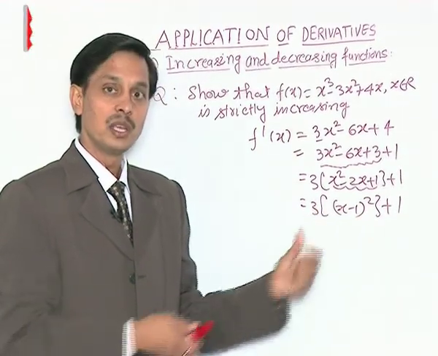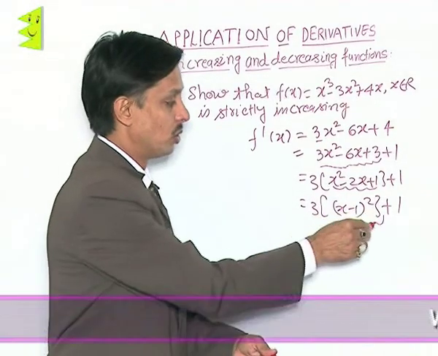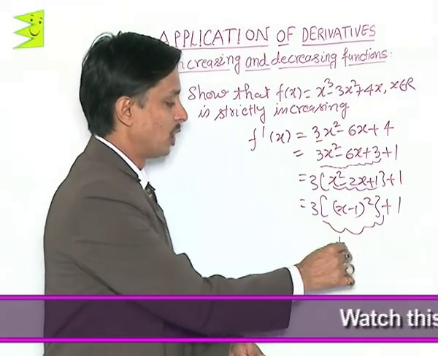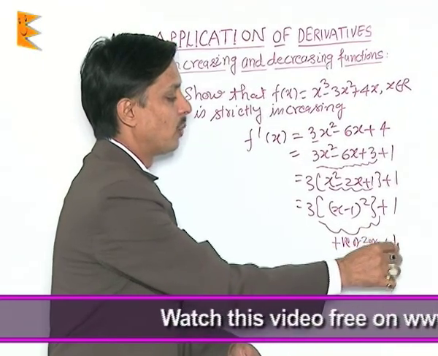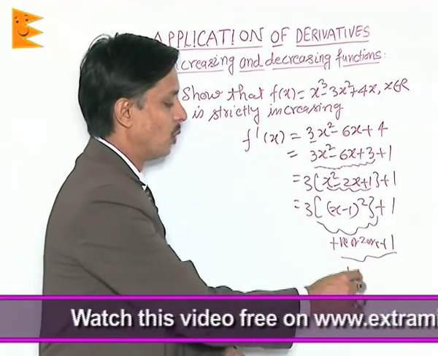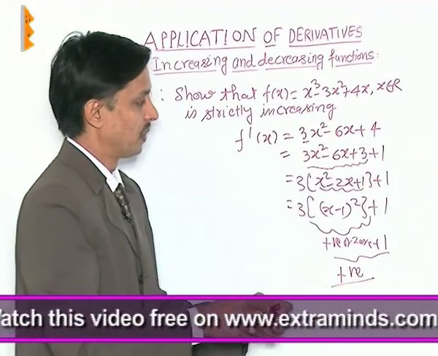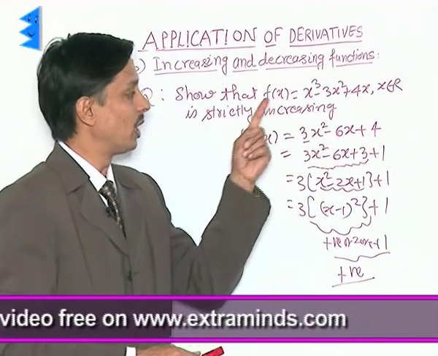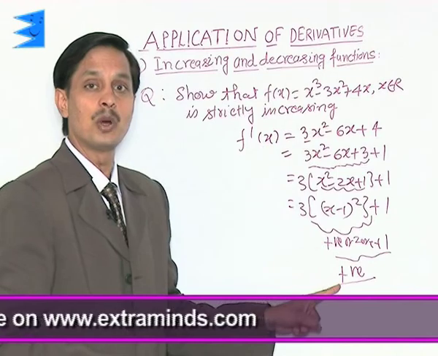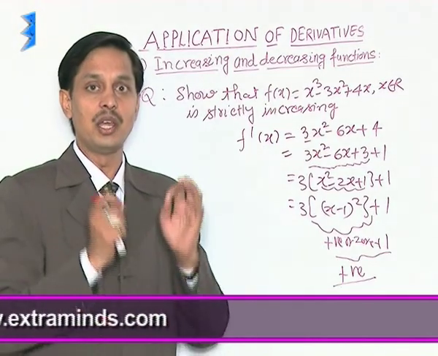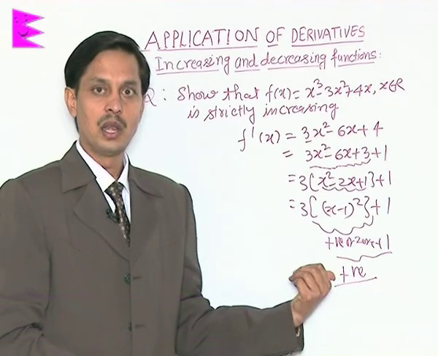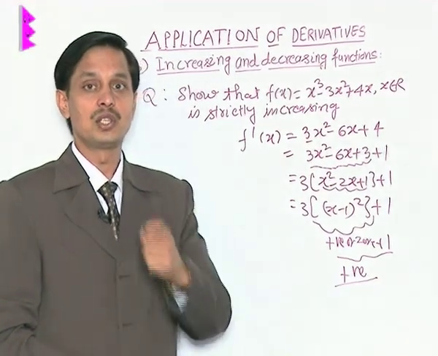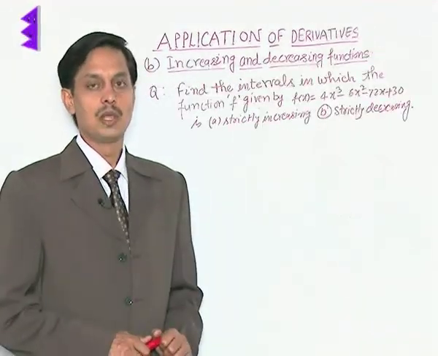Multiplied by 3 it is positive or 0. When this positive number or 0 is increased by 1, the overall value comes as positive. As the first derivative of this function is coming positive, we say it is strictly increasing. If it happens negative, we say it is strictly decreasing.